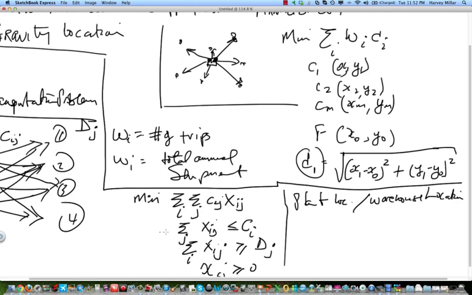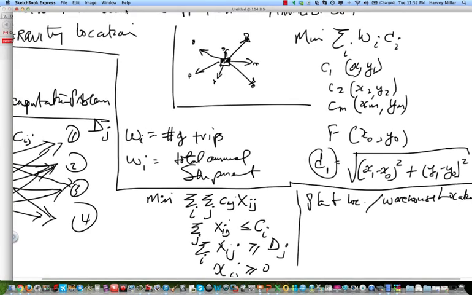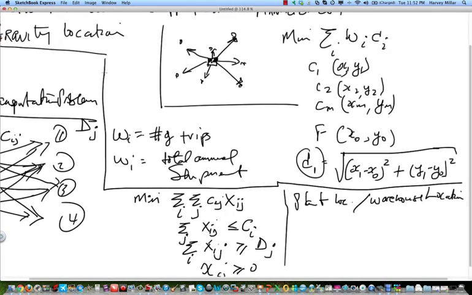In which case, now it looks very much like the transportation problem, except that now we're going to decide which of the plants are going to be open. Not all of them necessarily have to be open, or which of the warehouses. So we could have the same kind of construct that we have over here, but we could decide that not every one of them needs to actually be open.